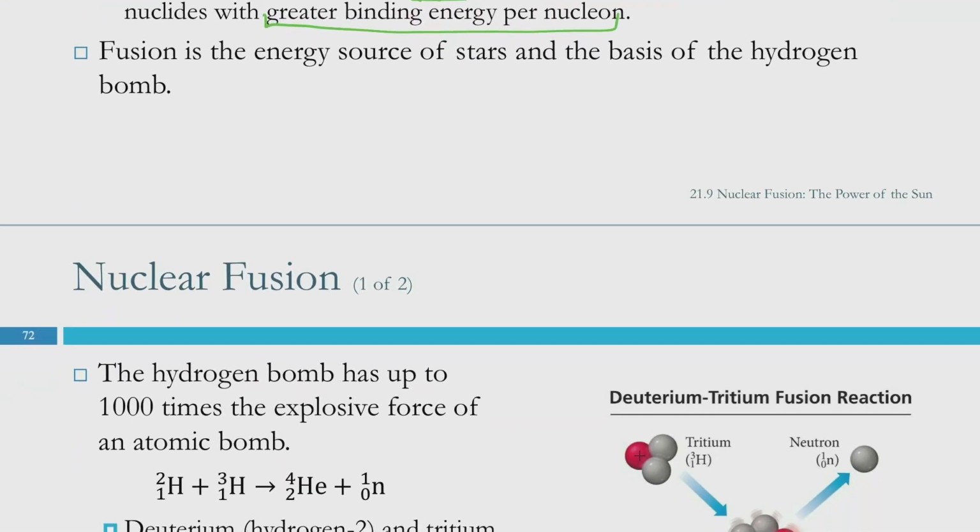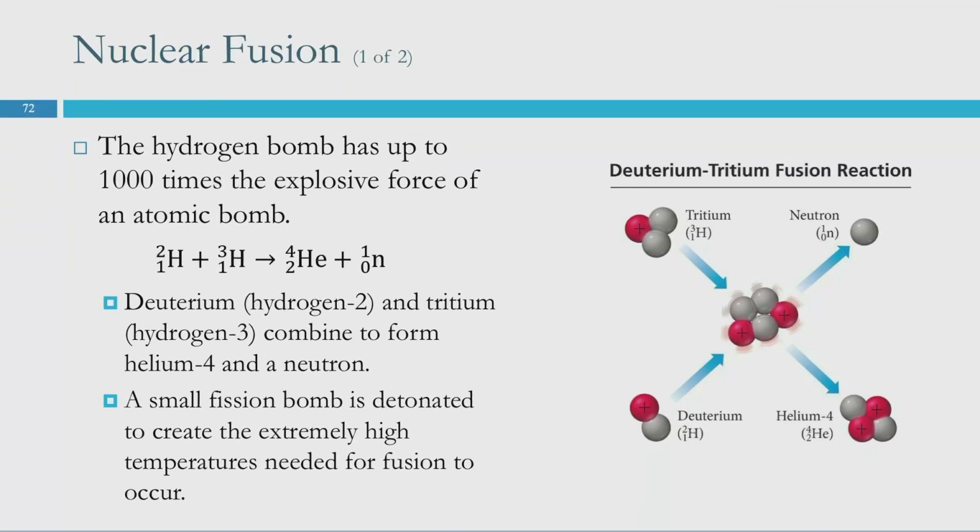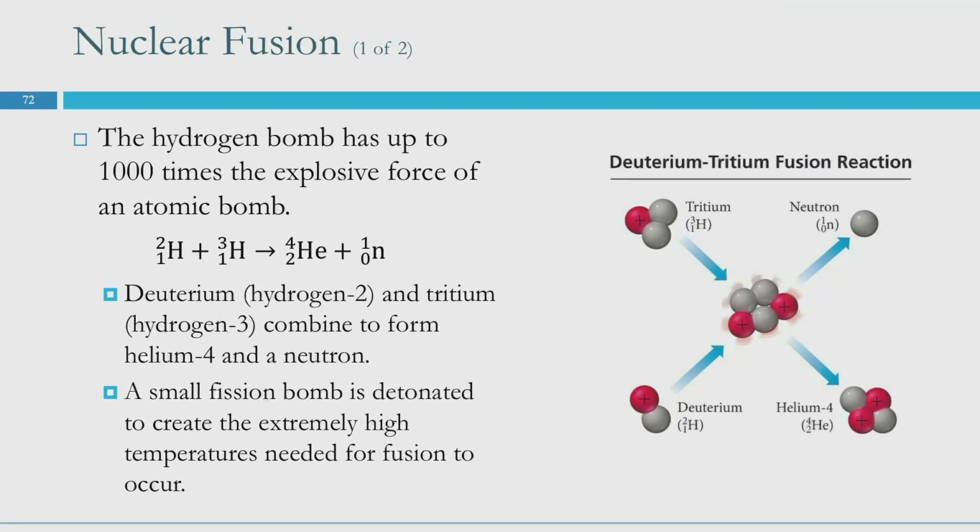The reason that we haven't used fusion yet as an energy source is because it releases too much energy for us to handle. So the hydrogen bomb, a fusion bomb, has up to 1,000 times the explosive force of an atomic bomb, a fission bomb, which I believe we've talked about previously in this class.